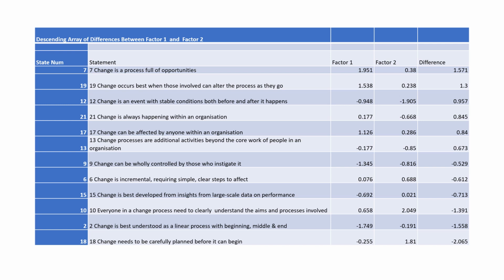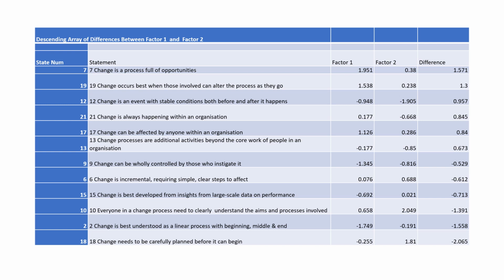So, this means that you've got some people who are perhaps very structurally minded, think there needs to be a strong structure in what's going on. People at the other end are sort of, well, yeah, if you like, but we're not that bothered. Whereas if you look at the third one up, everyone in a change process needs to clearly understand the aims and processes involved.